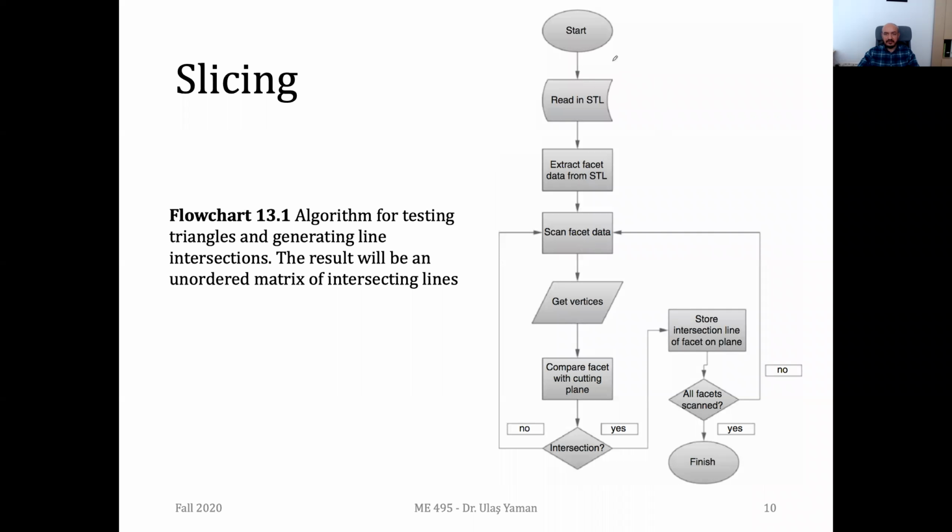Now I would like to go through one by one how we start the algorithm. This is the flow chart of the slicing, or flow chart for the first algorithm to obtain the intersecting lines. So what we do, we simply start reading this STL file, read the name of the model, and check how many triangles are available in the file.